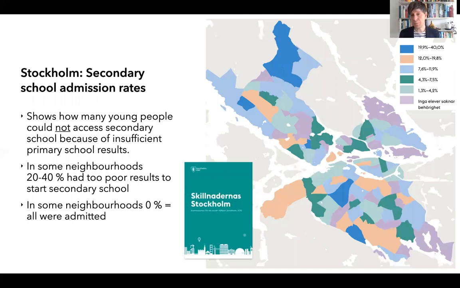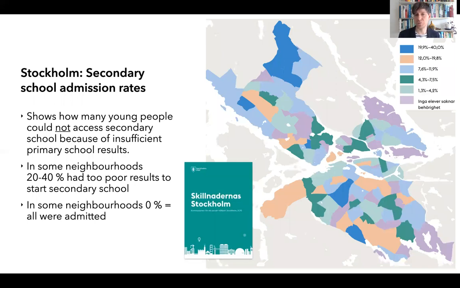So I will show you now two maps from a mapping project that was made in Stockholm. And the book down there in green, it's called Stockholm of Differences. This map shows how many young people could not access secondary school because their results from primary school were not good enough. What you can see is that in the purple areas, all young children were accessing secondary school.